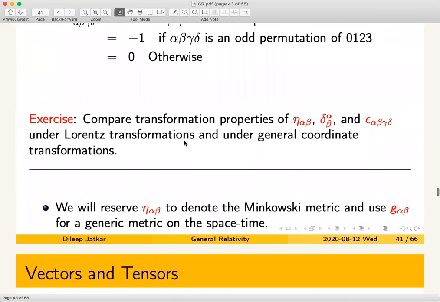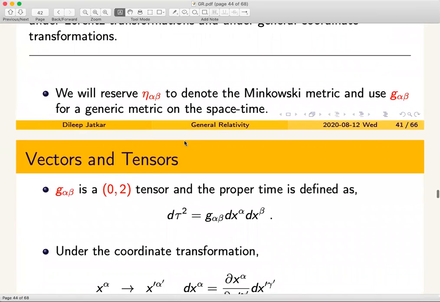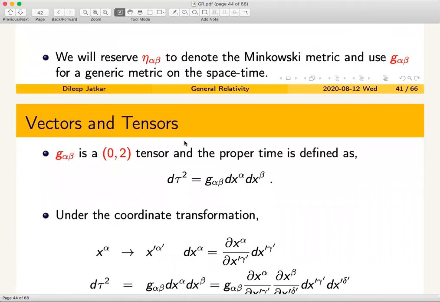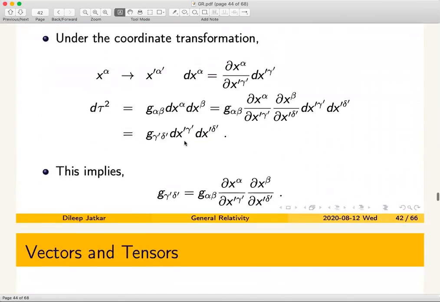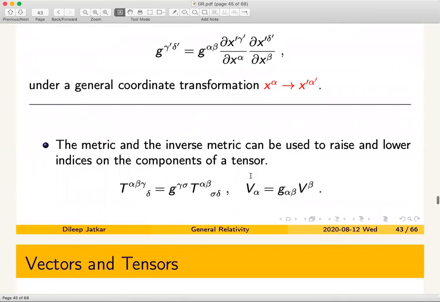If the object does not carry an index, it would not transform under coordinate transformation, and we would call it a scalar. In this sense, this transformation is consistent with the way we defined how tensors transform vectors to vectors. In this particular case, a tensor is transforming a vector to a dual vector.